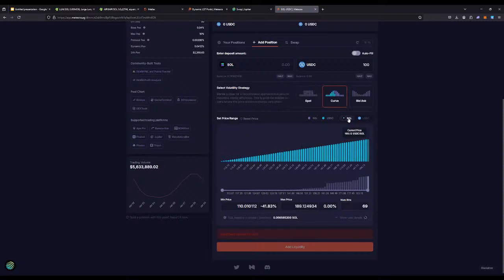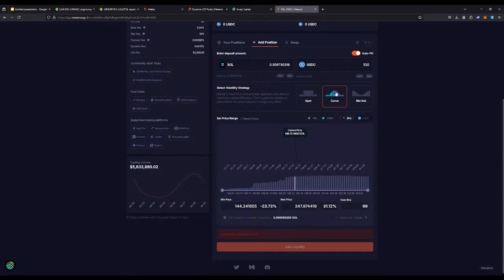Basically what's happening is, in this method your liquidity towards the higher end is much more, and your liquidity, okay, no, that is not correct. Let me, yes, in the curve method, your liquidity is concentrated at the current price.